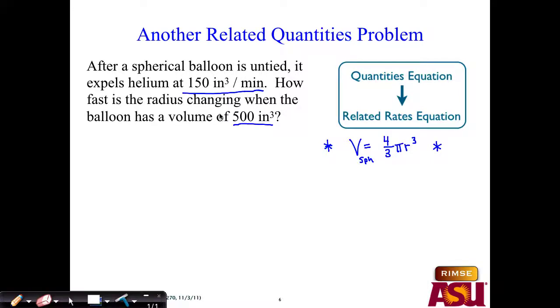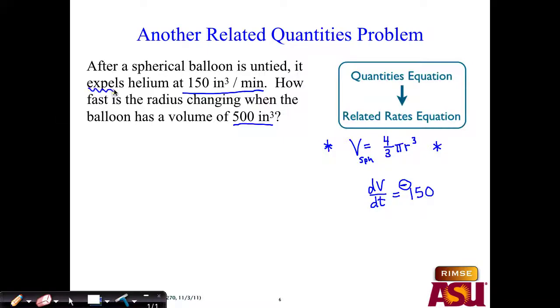Now, one note here, if I'm going to say that this is dV/dt, is this correct? No, it's missing something. It's small but important: negative. The rate of change of the volume with respect to time, think about as time goes on, what's happening to the volume? It's not getting bigger, it's getting smaller, right?